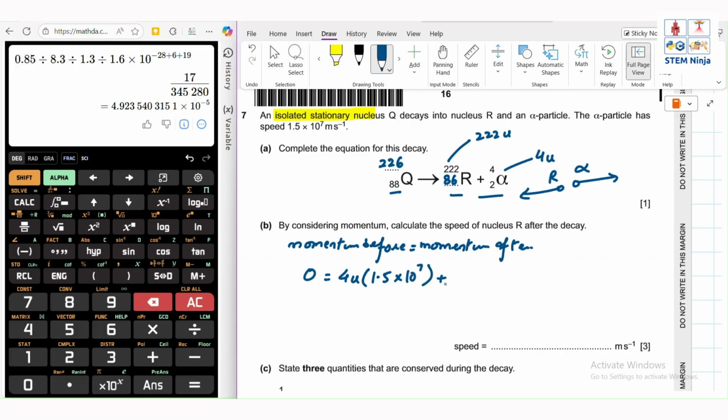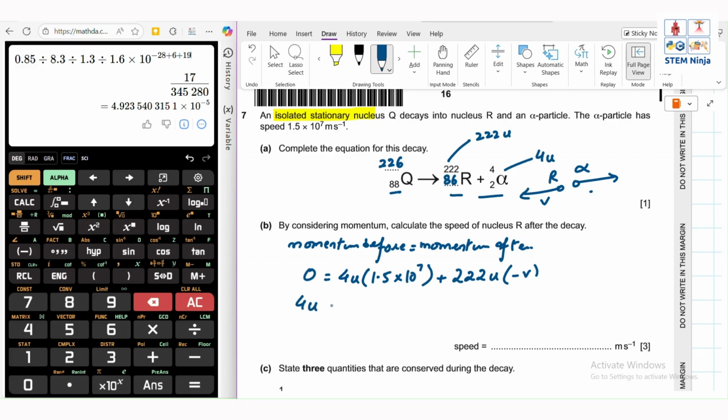The other one would be 222u times speed v, because we're trying to find out this speed. So this would be opposite to this alpha speed.